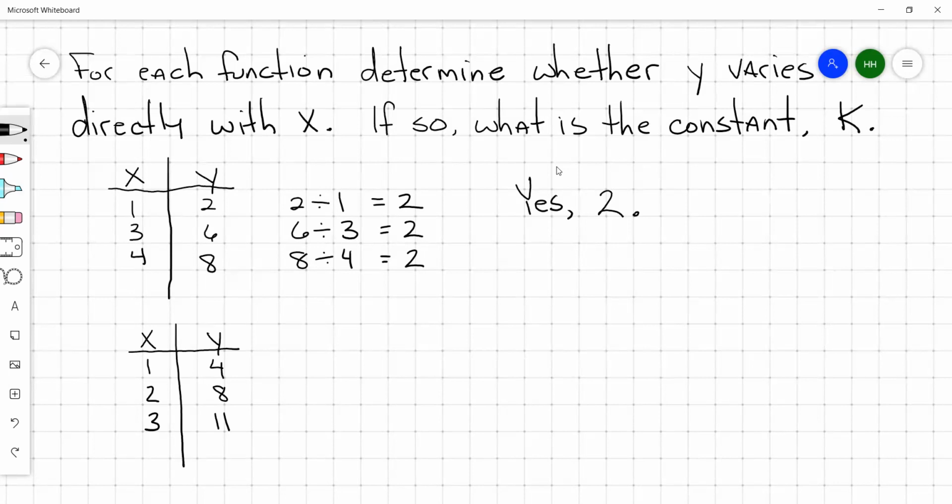So we're going to start dividing y by x. What's 4 divided by 1? Good. What's 8 divided by 2? What's 11 divided by 3? Is it 4? It's not 4, is it? So it's not 4. So does y vary directly with x? No. You're done.